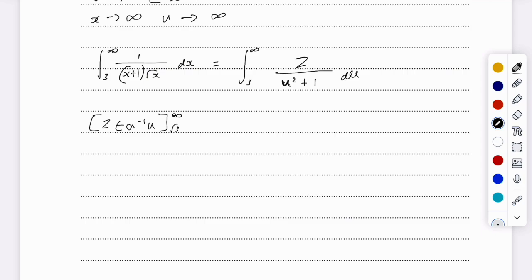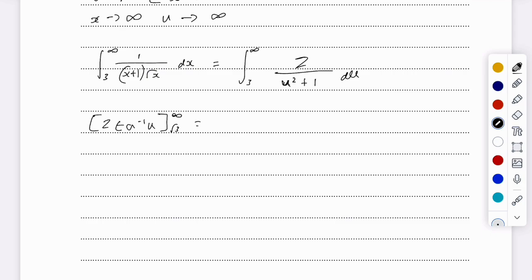Right. And we can say that, okay, whilst you can't plug in infinity into arctan, you can say that the limit as you approach infinity of arctan u is going to equal pi over 2.